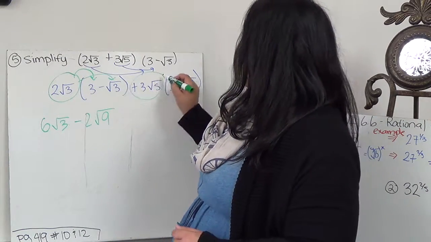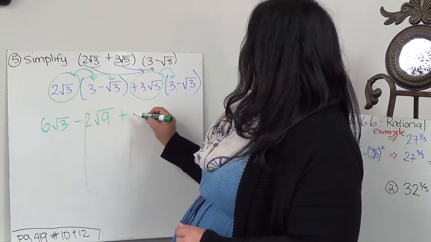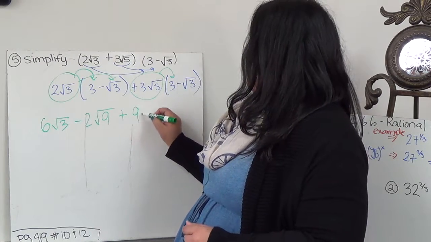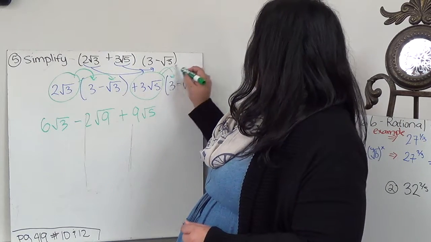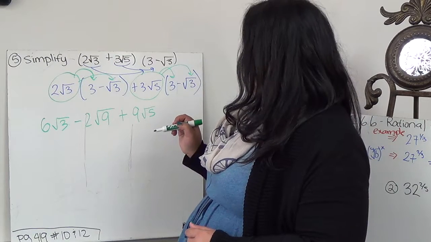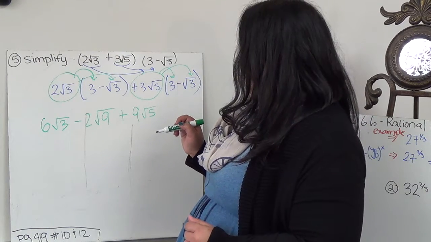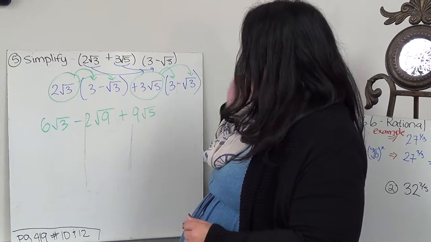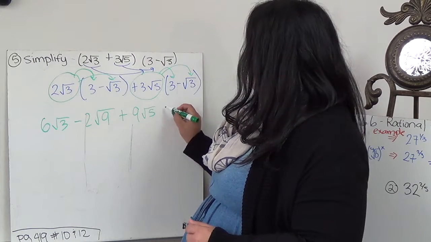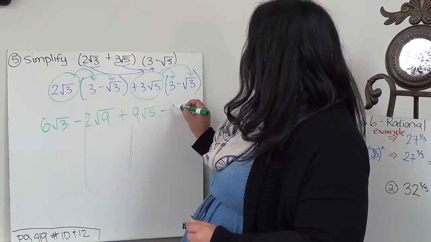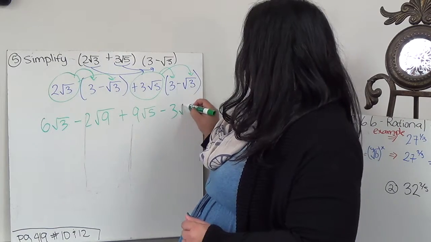And then I take this, positive 3, so it's plus 3 times 3, which is 9 root 5. And then this would be minus 3 root 15.